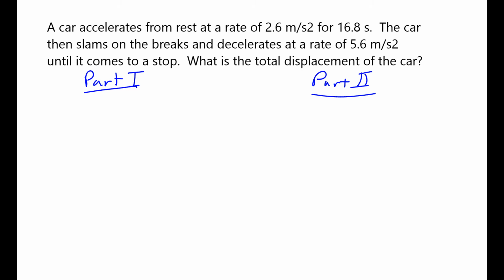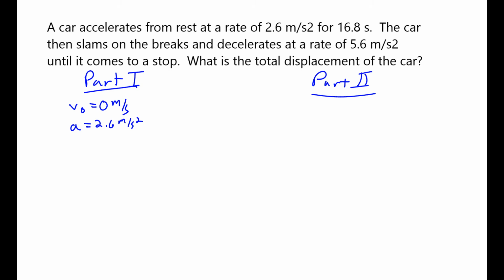Alright, what do we know about part 1? It starts from rest. So what's our initial velocity? 0. Initial velocity is 0. And what's 2.6? Acceleration. So acceleration equals 2.6 meters per second squared.